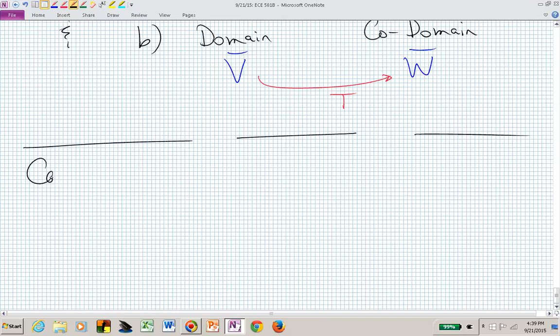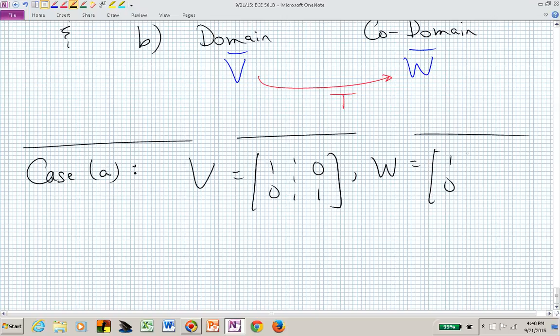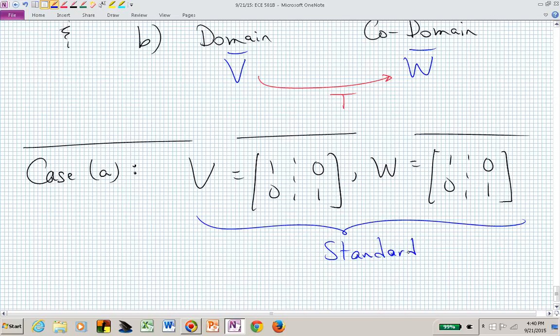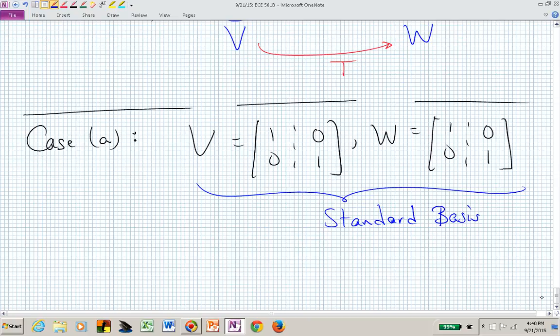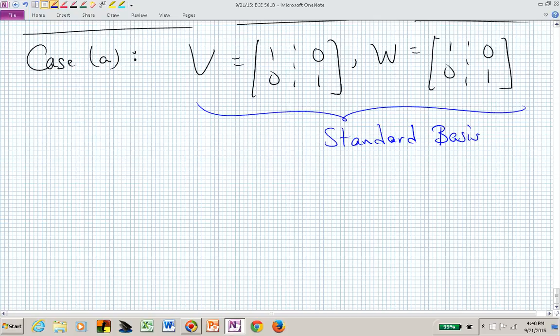The first one is what I'm calling case A. V was then 1, 0, 0, 1. Our codomain basis was 1, 0, 0, 1. These are all the standard basis for both the domain and the codomain.